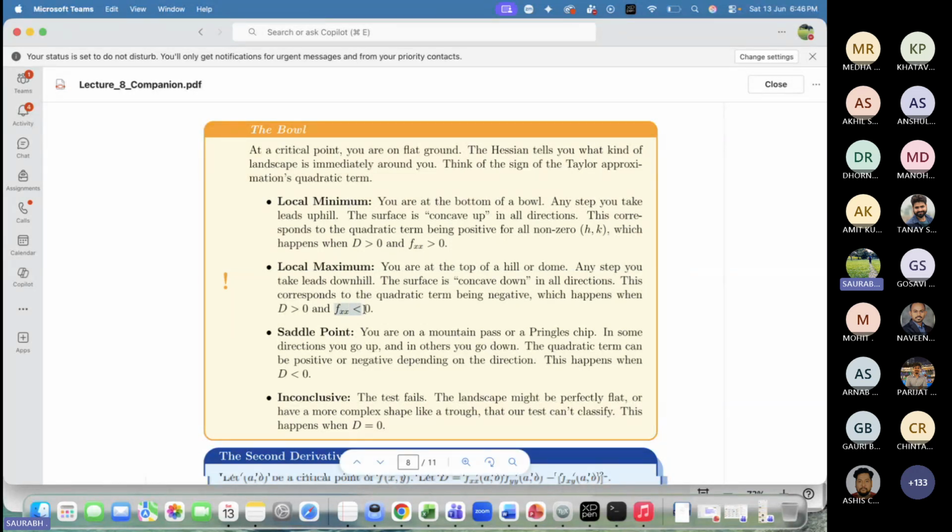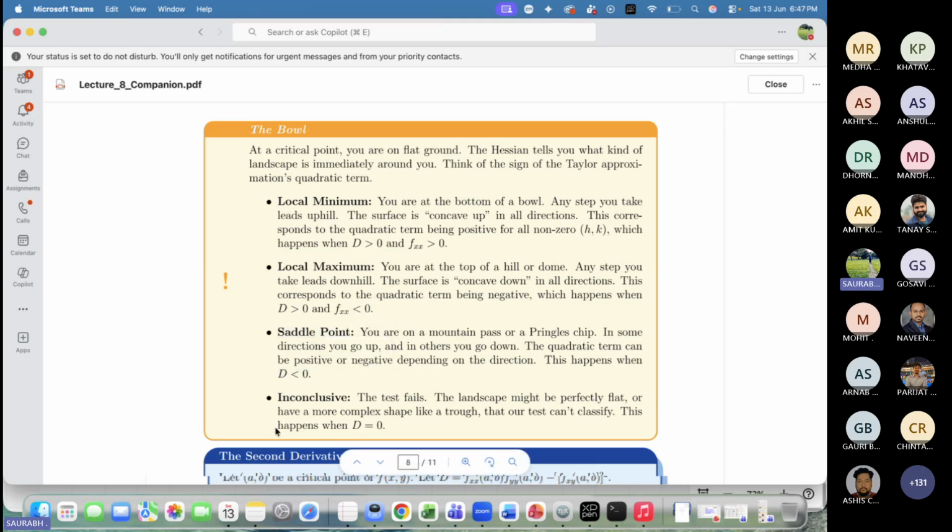And that's what you're seeing here. If the determinant is positive and the rate of change is negative, maximum. If the determinant is positive and the rate of change is positive, minimum. Saddle point: the determinant itself is negative.